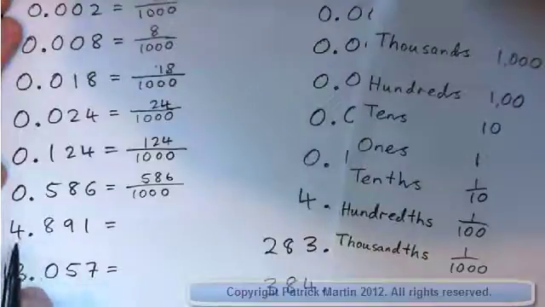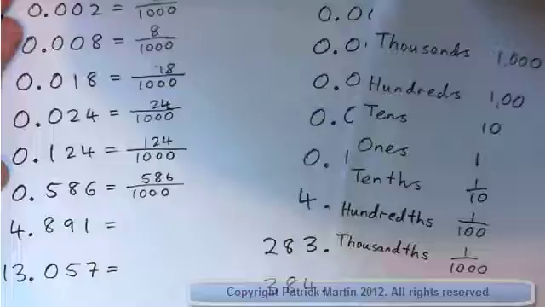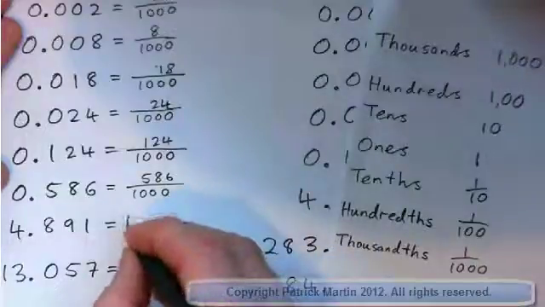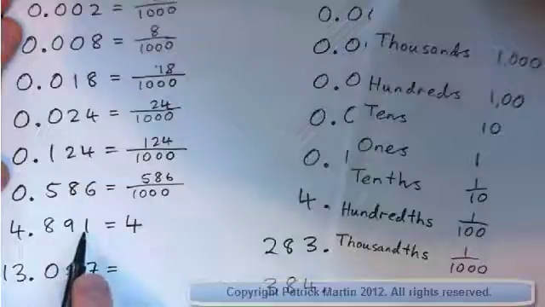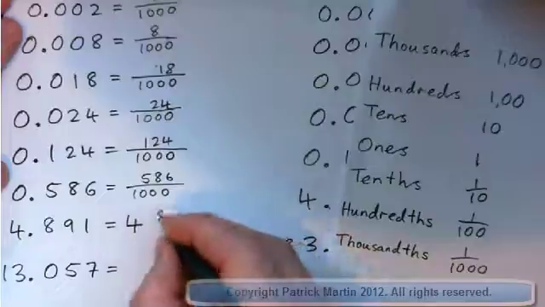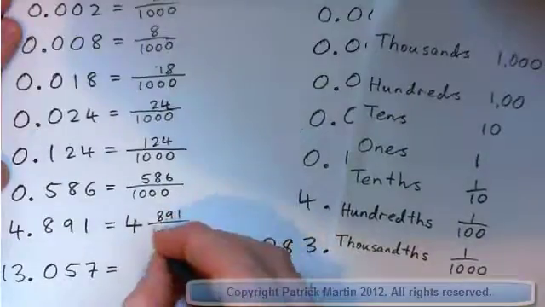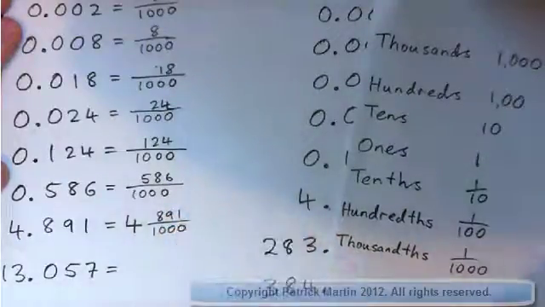How about this guy? 4.891. Okay, so this is 4 wholes, and we've got 1, 2, 3 digits again. So again, we're dealing with thousandths. So how many thousandths? 891 over 1,000.